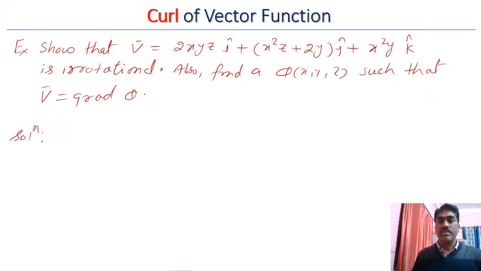So the first thing is that we should show that v is irrotational. How will we show that? Find its curl. So i, j and k.